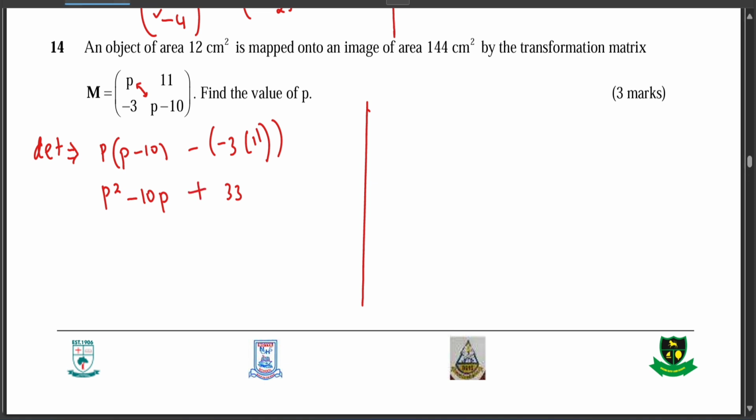Okay, so our determinant is usually equal to our area scale factor. And what is our area scale factor? It is given by the area of the image over the area of the object. So the area of the image is 144 divided by the area of the object, which is 12.